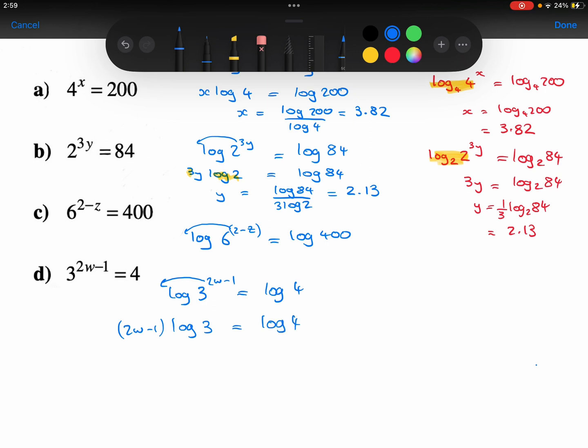I'll divide both sides by log 3. Add the 1 to both sides. And then finally divide both sides by 2. So w is 1/2 of log 4 over log 3 plus 1. On my calculator to 3 significant figures, I get 1.13.